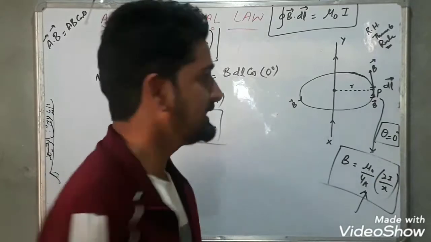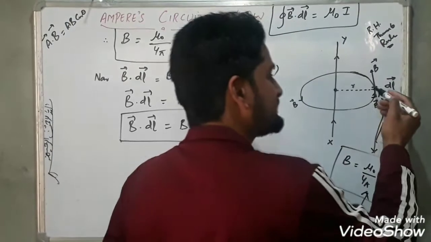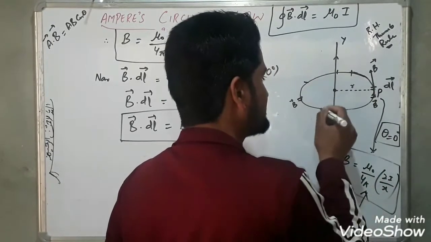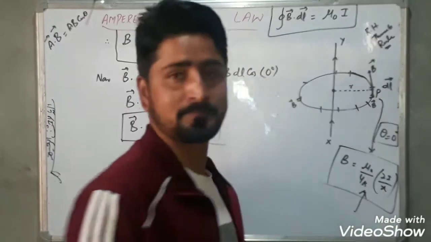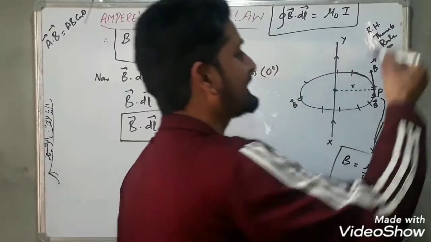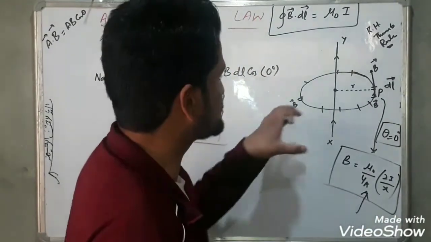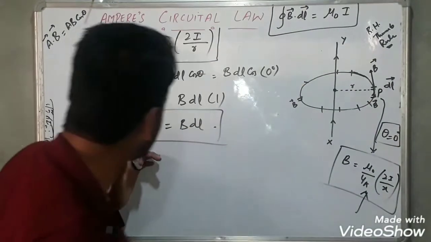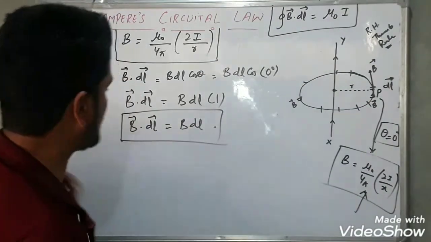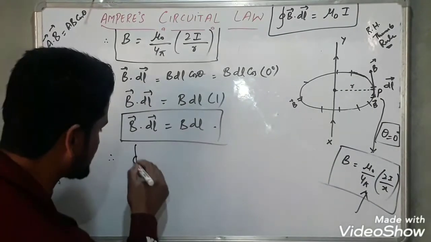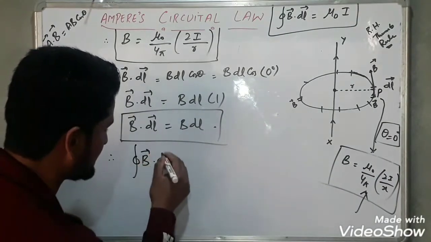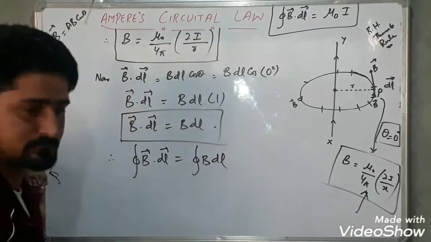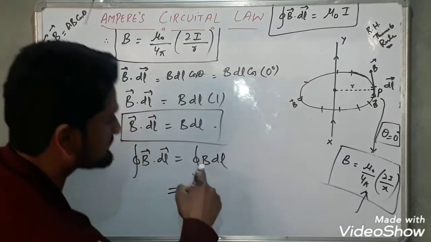Now suppose there is not only a single element, there are a number of such small current elements. So to calculate the magnetic field for that closed loop, we will integrate this equation over the closed path. Therefore, the integral over the closed path of B dot dl equals the integral over the closed path of B dl. B is constant here.